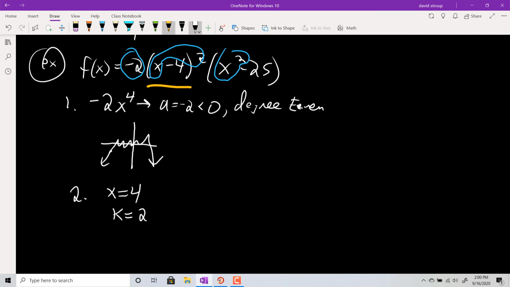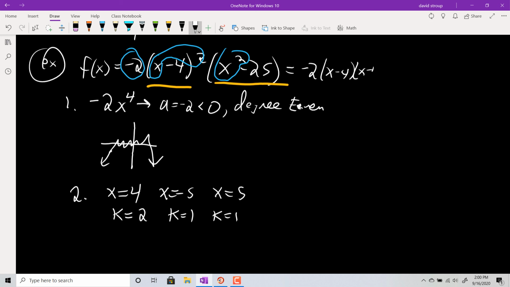And then from the third factor, well, maybe it's not clear, but the third factor is x minus 5 times x plus 5. So you'll have x is negative 5, which has multiplicity 1, and then x equals positive 5, multiplicity 1. Okay, so I'm saying you could rewrite this as negative 2 times x minus 4 times x minus 4. So 4 has multiplicity 2, and then x squared minus 25 is x minus 5, x plus 5.